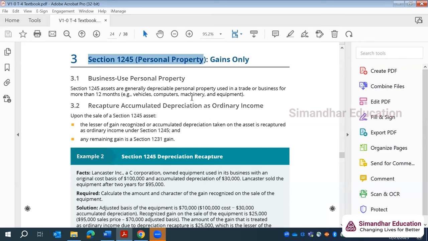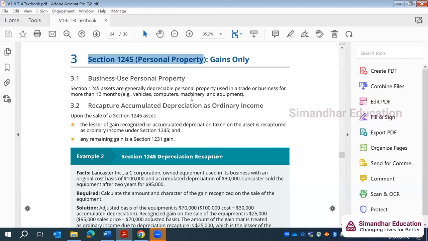So what is going to be this loss? Is it going to be an ordinary loss or a capital loss? If this car was used in an ordinary trade or business and I held the car for more than a year, is the $2,000 loss going to be a capital loss or an ordinary loss? I gave you two hints here.